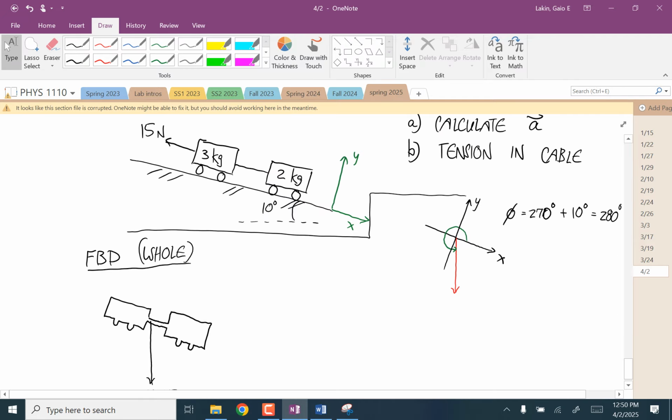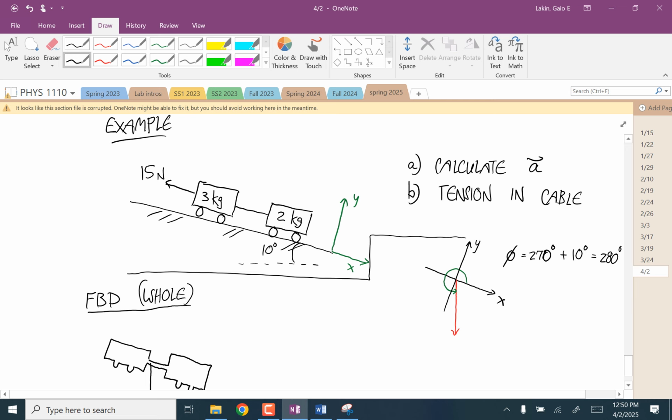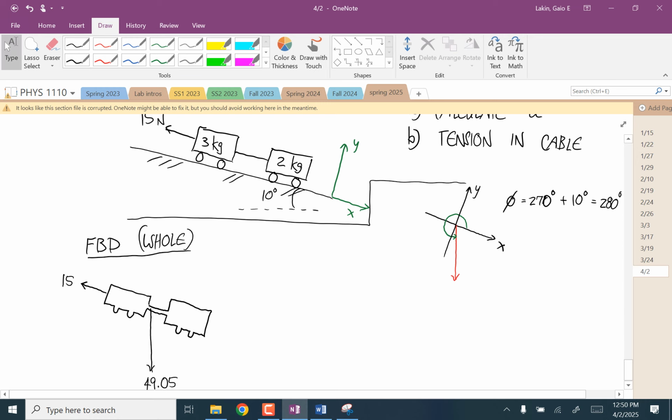And now we'll go around the boundary looking for contact. That 15 newton force is applied over here. And then the only other place where the surroundings contact the boundary is at the wheels.